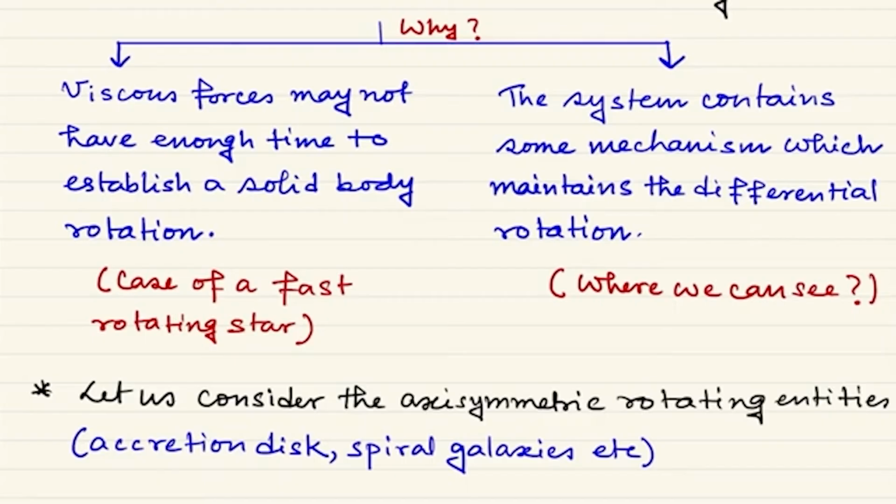Axisymmetric means that they have a direction or axis of rotation, and the properties along the direction of rotation are different from the properties in the direction perpendicular to it, but in the plane perpendicular to the direction of rotation, it does not matter in which direction you are. So all the azimuthal directions are the same.